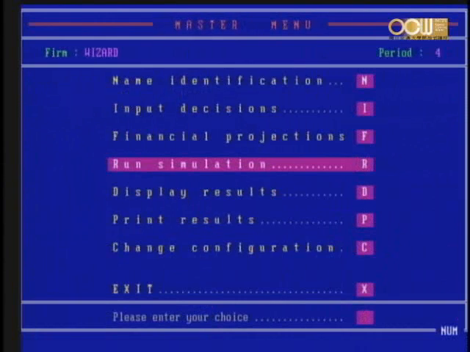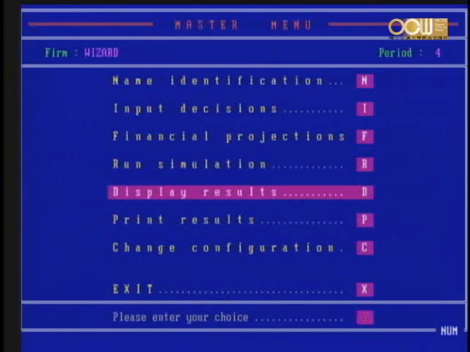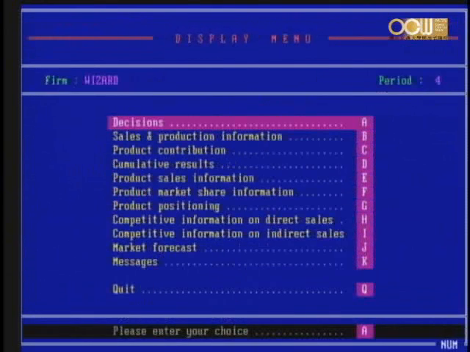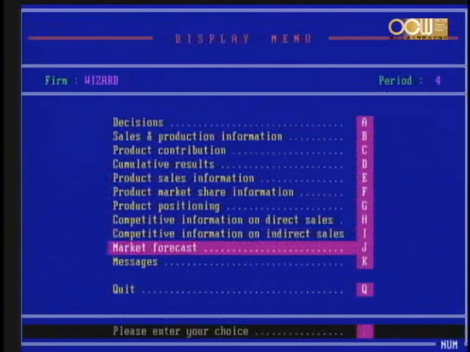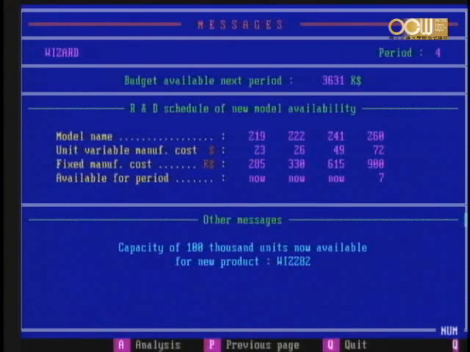Yeah, I say here, all right, already here. Look at display result, and look at message. Look at the message. That's it. That was new product. And I said that these are period 4. So they will give you these 3 products. And again, you don't have a GMBA file yet.